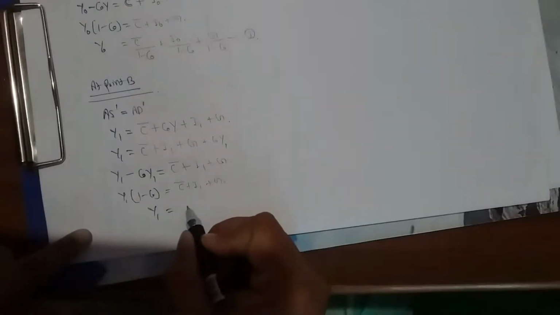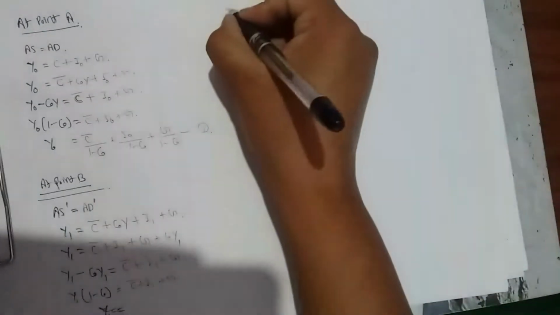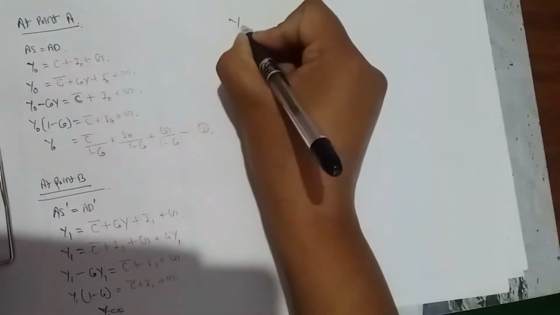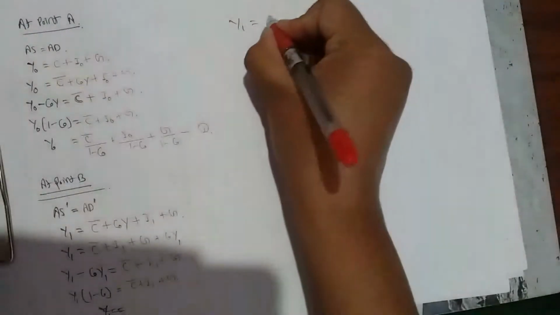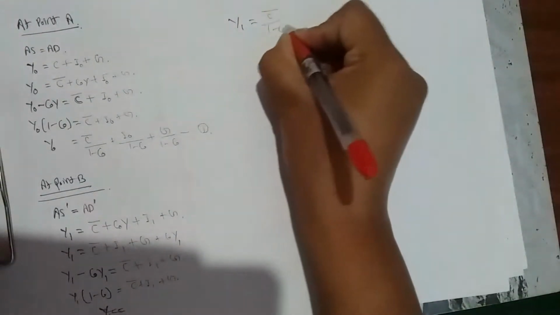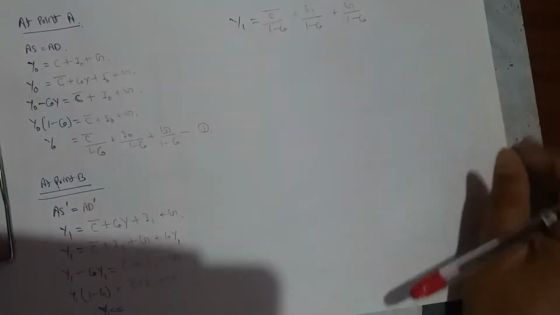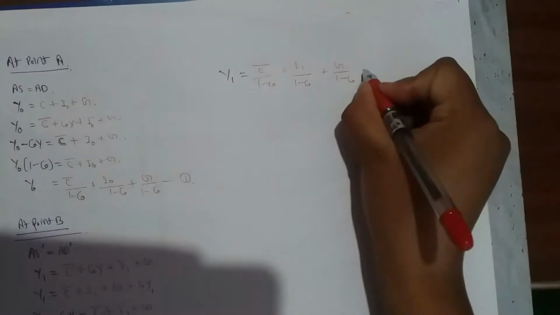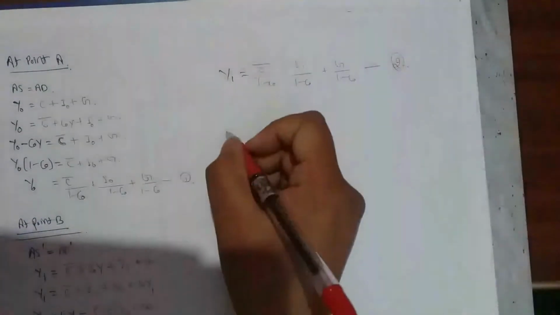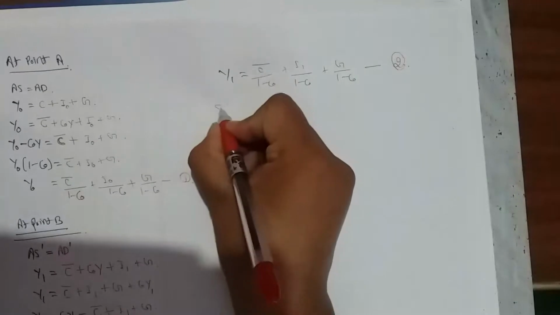So y1 is equal to C bar over 1 minus c naught plus I1 over 1 minus c naught plus G over 1 minus c naught, right? This is equation 2.